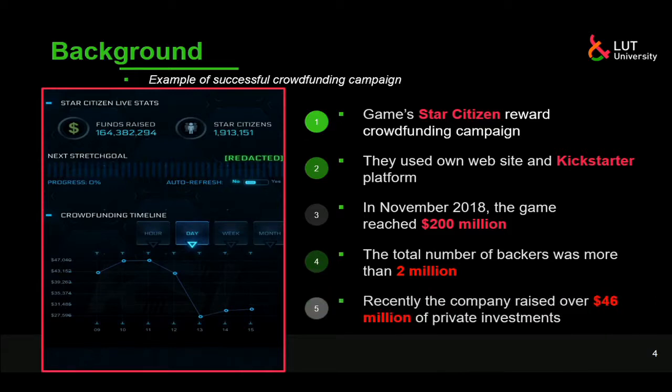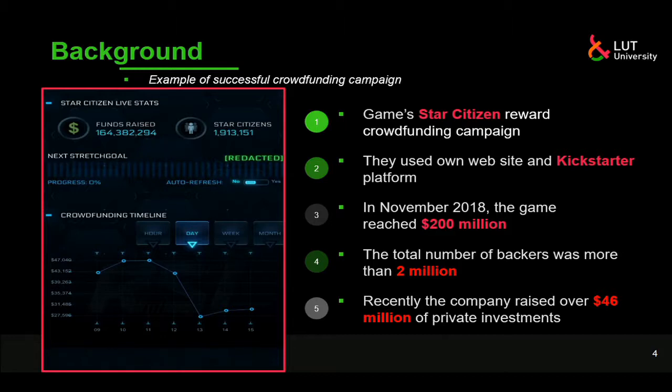And then I would like to start from one example. This is a very successful crowdfunding campaign. A gaming company was looking for funding to develop a game. The game is named Star Citizen, and they gained around 200 million euro from 2 million individual investors.